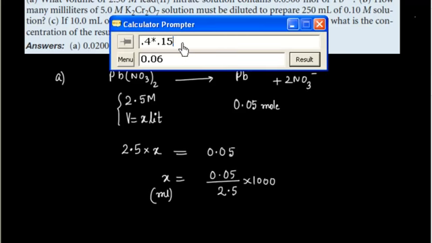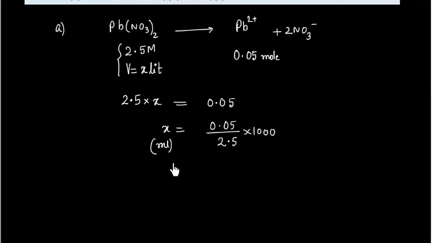So this is 0.05 divided by 2.5, multiplied by 1000. So this is 20 ml. So we have to take 20 ml of lead nitrate solution.